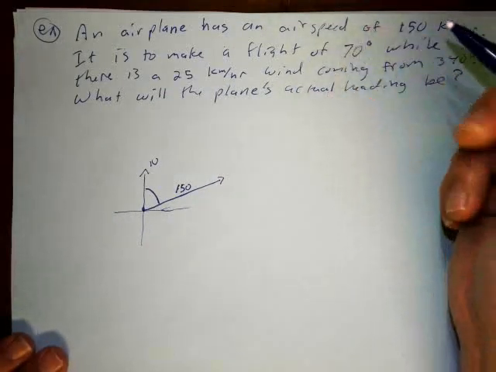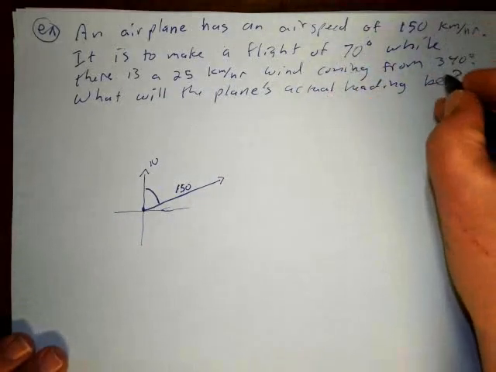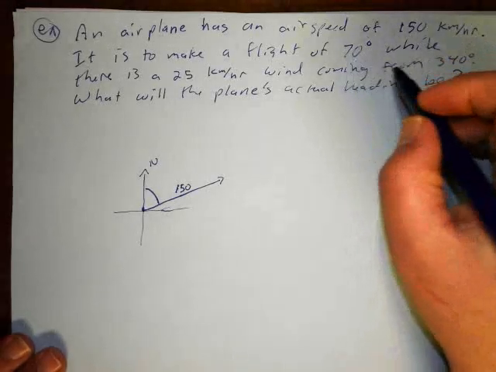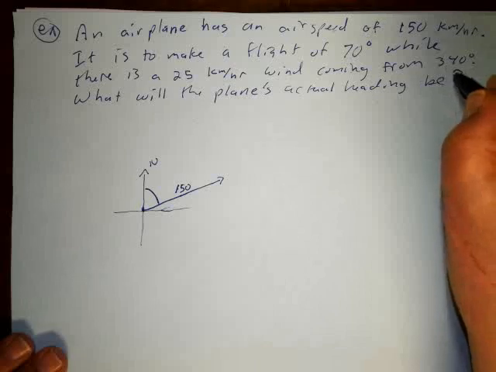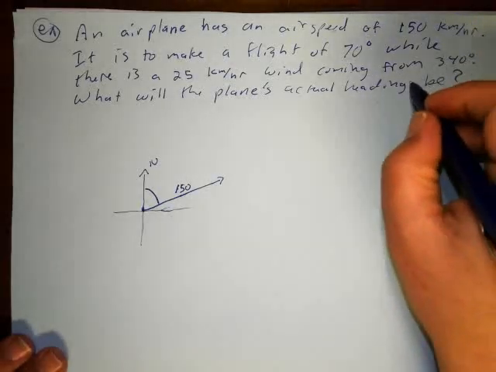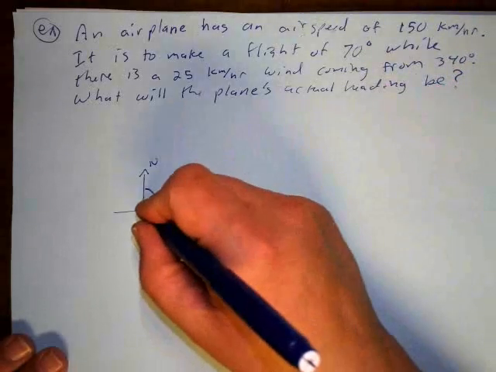Now it says that the wind doesn't have a bearing of 340 degrees. What it says is it's coming from a bearing of 340 degrees. When it's coming from that, it's a little confusing.